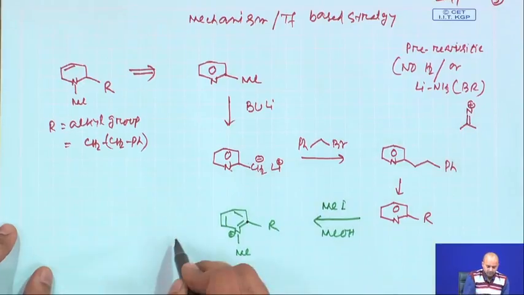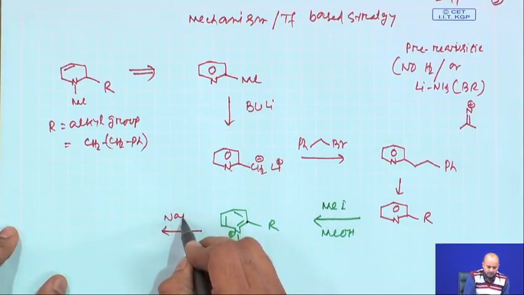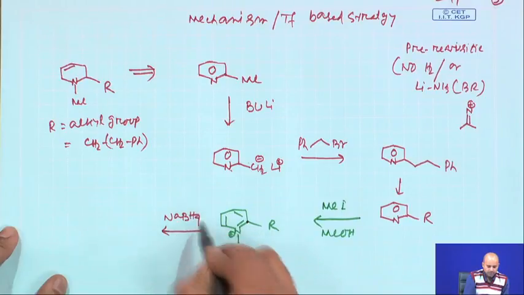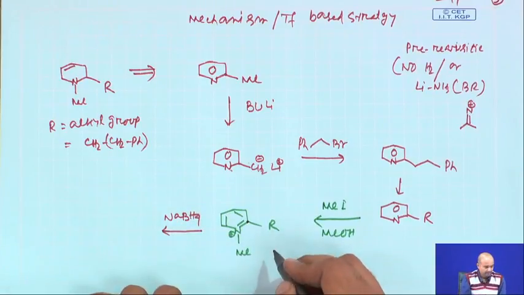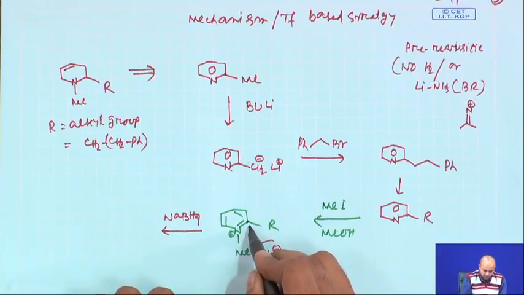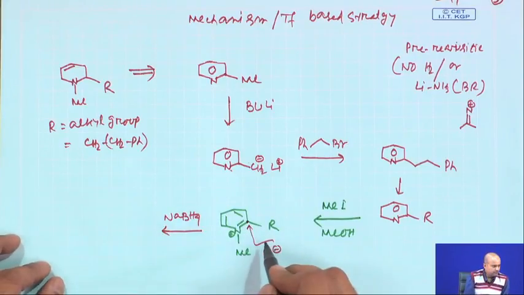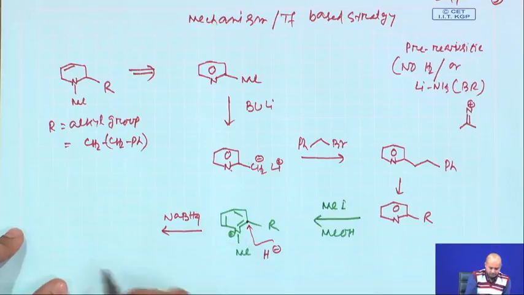add to this carbon. Now, here initially what will we do? We will be using a mild hydride reagent like sodium borohydride to give a hydrogen source, and this hydrogen source will attack this electrophilic carbon. So, eventually what happens?